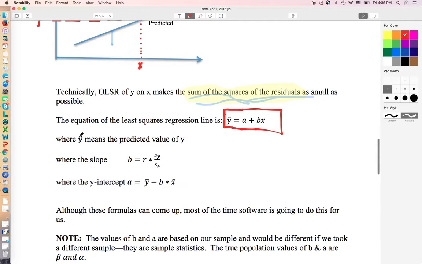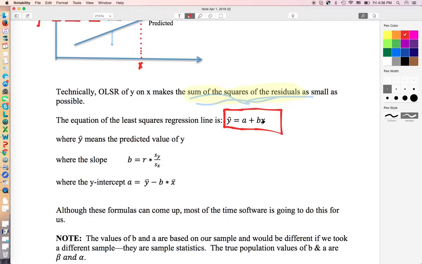So I already mentioned to you that y hat means the predicted value of y. So this is what the line tells us the y value should be, what our prediction is based upon the line. It's probably not correct because the point probably doesn't lie directly on the line. So we're going to have a residual.